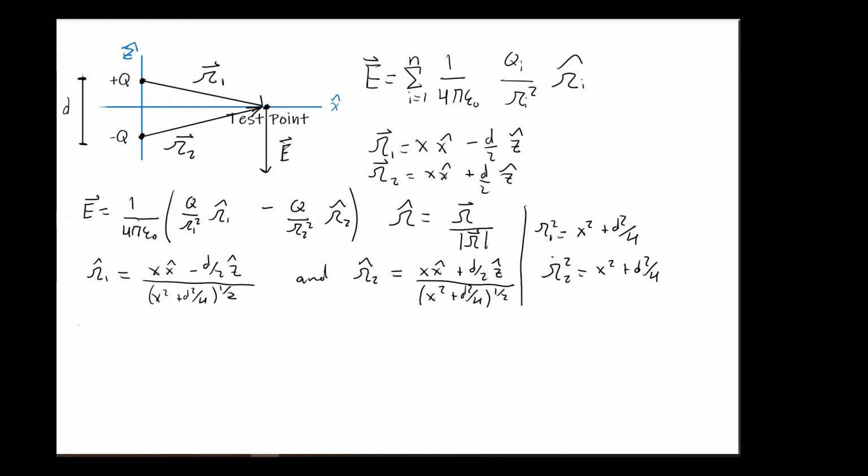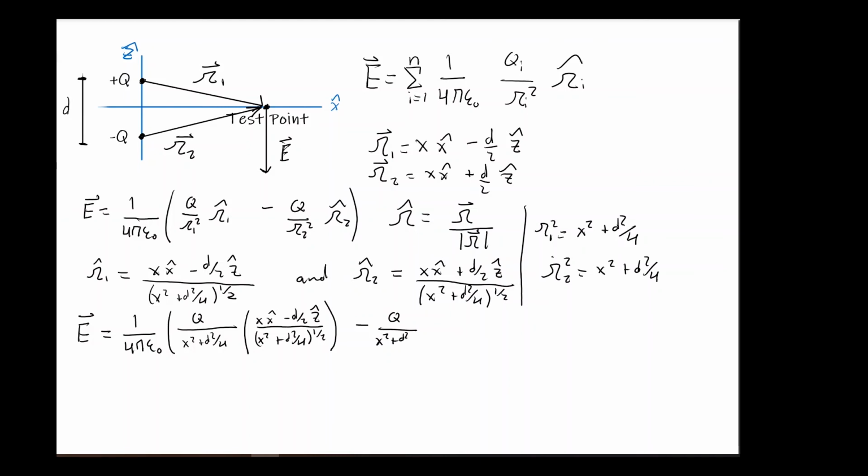Now we have everything that we need, and we can plug all that into our electric field equation, and we're going to get 1 on 4 pi epsilon naught times one big quantity: q on x squared plus d squared on 4, times this subquantity x x hat minus d per 2 z hat divided by the square root of x squared plus d squared per 4, and then minus q on x squared plus d squared on 4 times another subquantity x x hat plus d per 2 z hat divided by the square root of x squared plus d squared per 4.